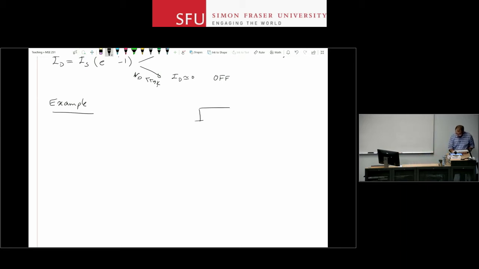I have a 5-volt DC source, a 2.5K resistor, and a diode. And the goal is to find, let's just say, this current, or let's say the voltage and current across the diode.